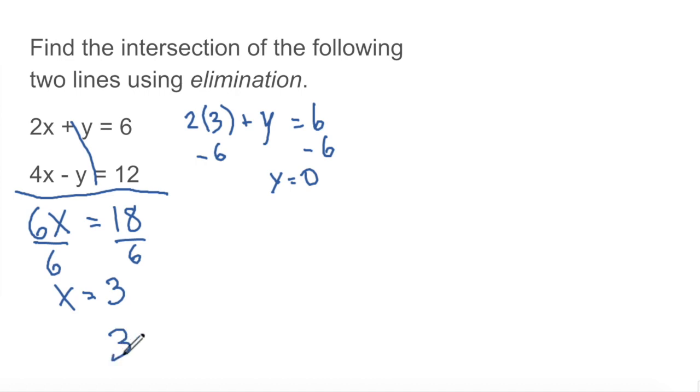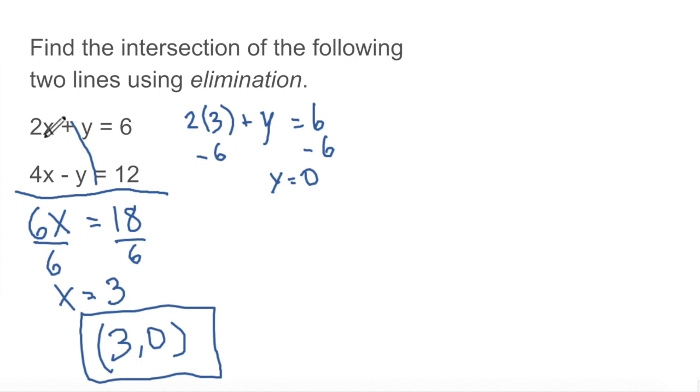So 3, comma, 0 is our solution to the system of equations. So again, what we did here is we found a variable that we can eliminate by adding or subtracting the two equations, and here we add them because we have a positive and a negative y that can cancel each other out. Let's look at another practice problem for elimination method.